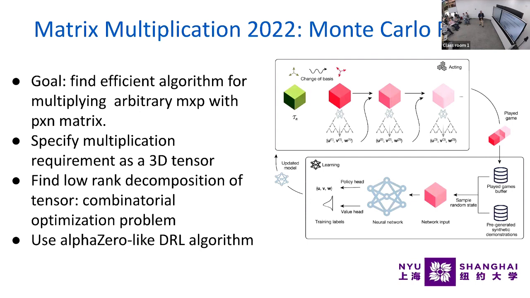Finding this decomposition with minimal rank is an NP-hard combinatorial problem. So what this algorithm, which they refer to as AlphaTensor, is doing is basically a heuristic for solving an NP-hard problem.